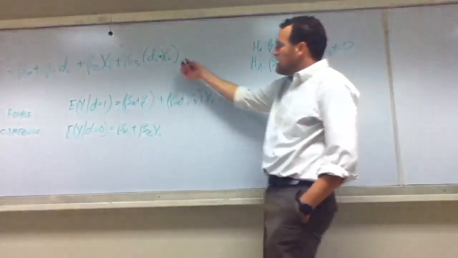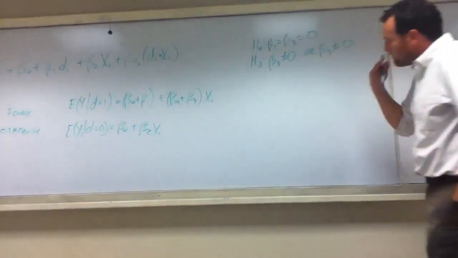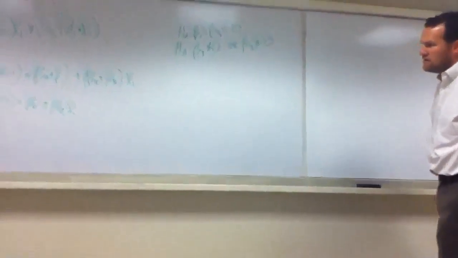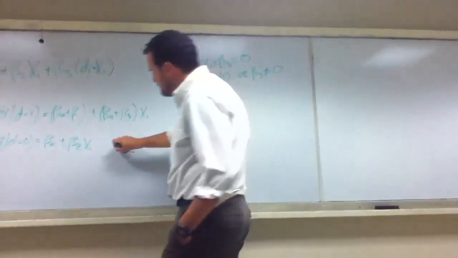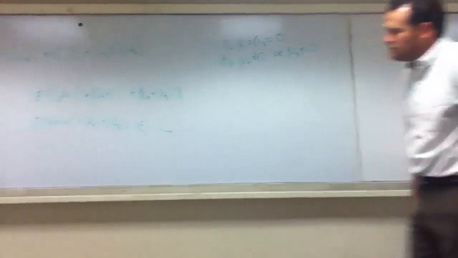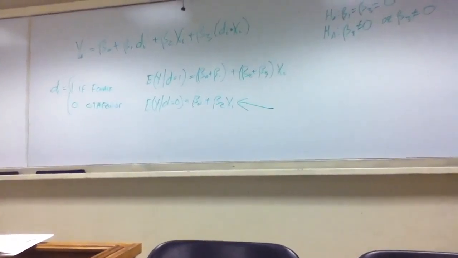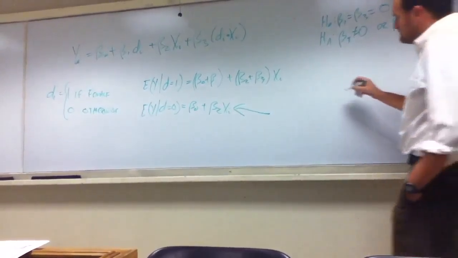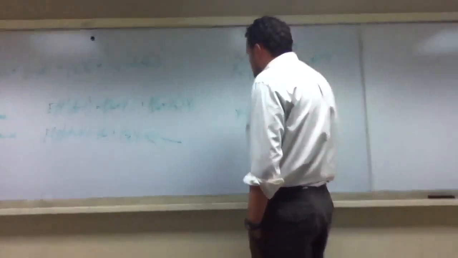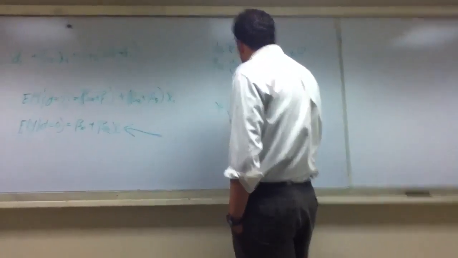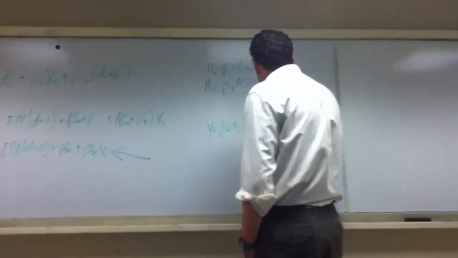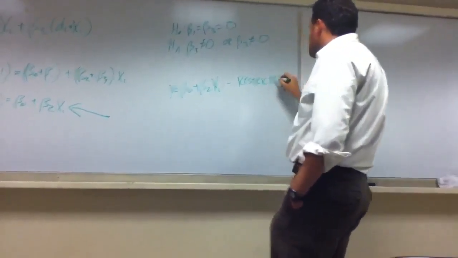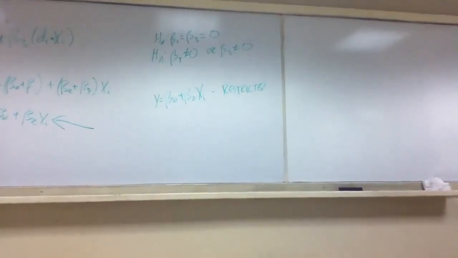Here's our unrestricted model, and for our restricted model we impose the restriction, which is just beta 0 plus beta 2 xi.